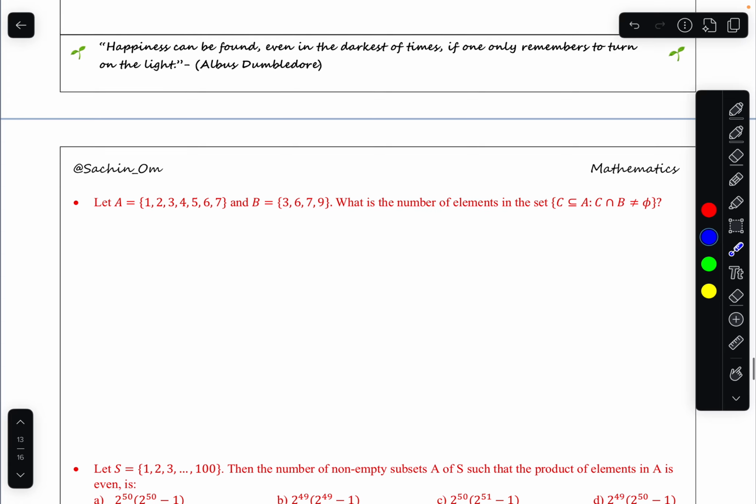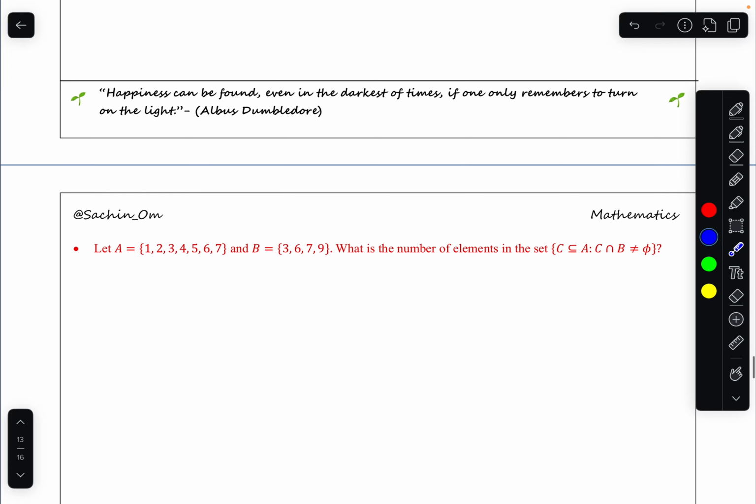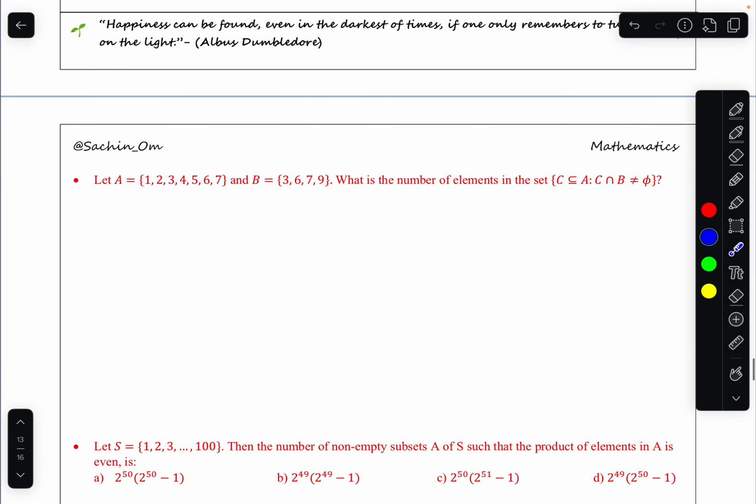Let's see a few more problems based on subsets, the notion of subsets itself now. So here is one question we have. It says, suppose you are having a set A which has 1, 2, 3, 4, 5, 6, 7 in it, and there is another set B which has the 3, 6, 7, and 9 in it.